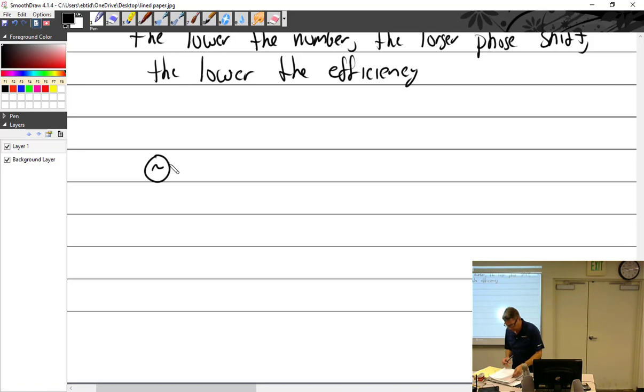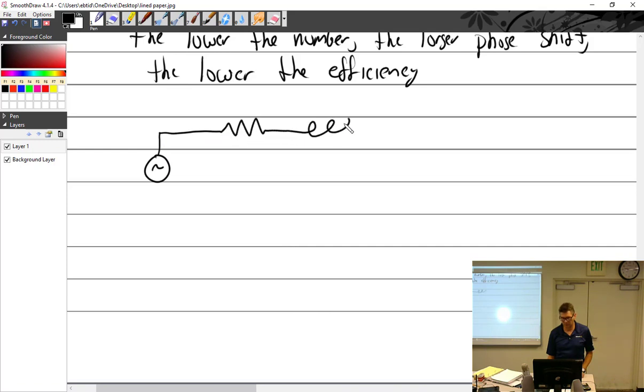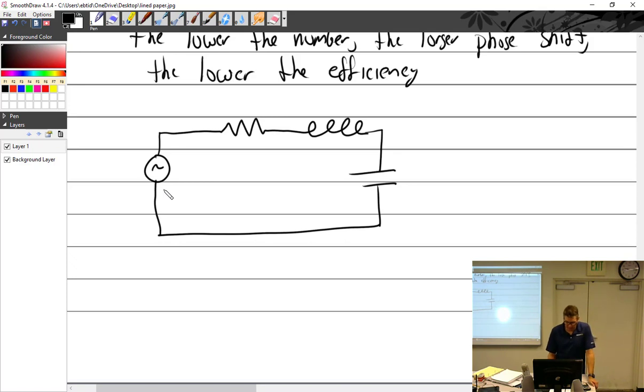There we go. I'm going to give you a circuit that looks like one I drew before. That's it. And then I'm going to say something like, we'll work on this one tomorrow actually. So this is 440 volts at 60 hertz.